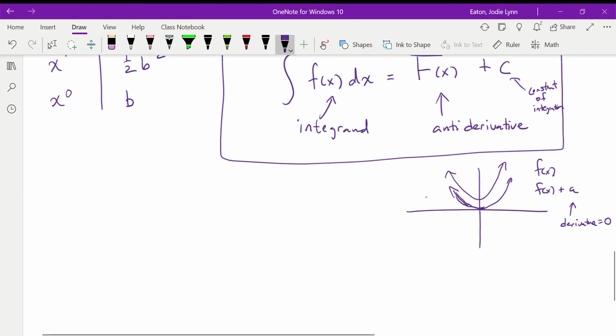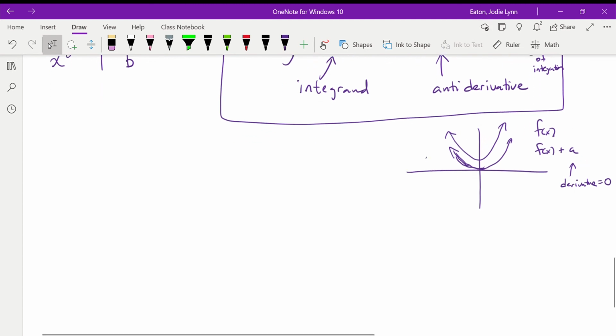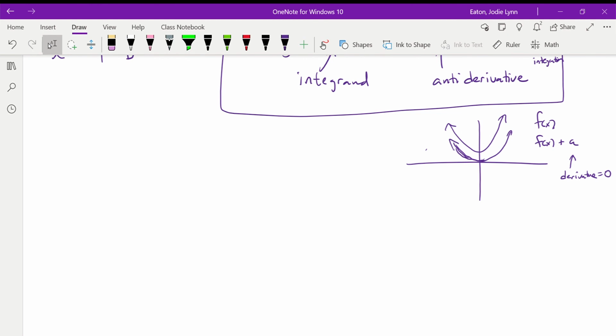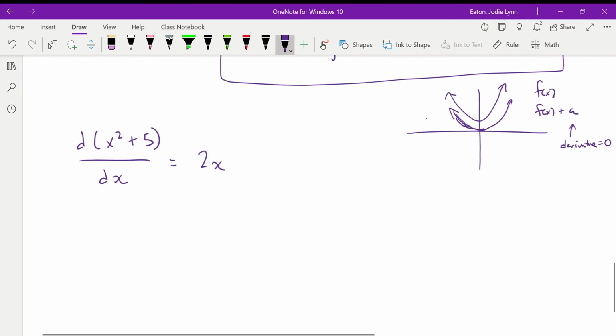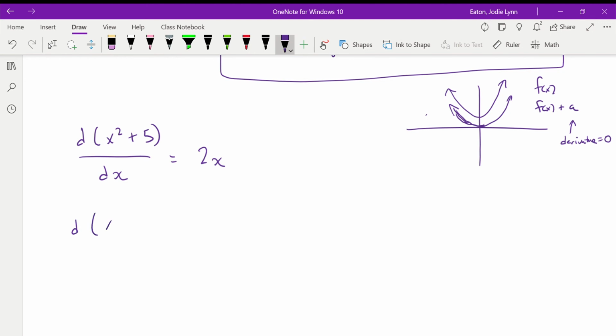So, let's take a look at this in algebraic form. So we have the derivative of x squared plus 5 dx. What's that equal to? 2x. The derivative of x squared minus 10 dx is equal to 2x.